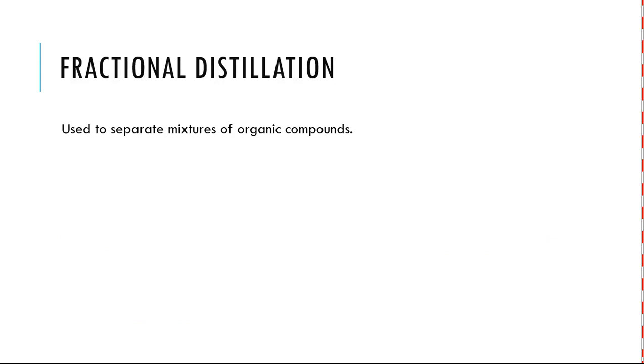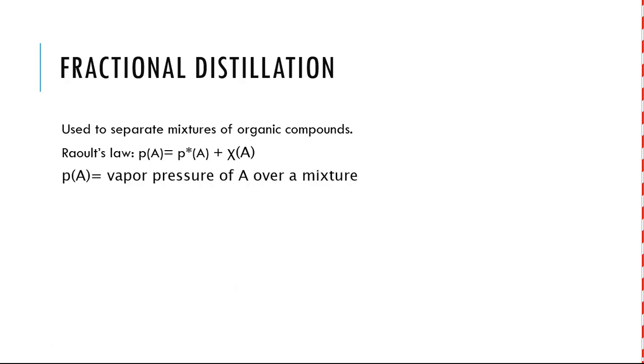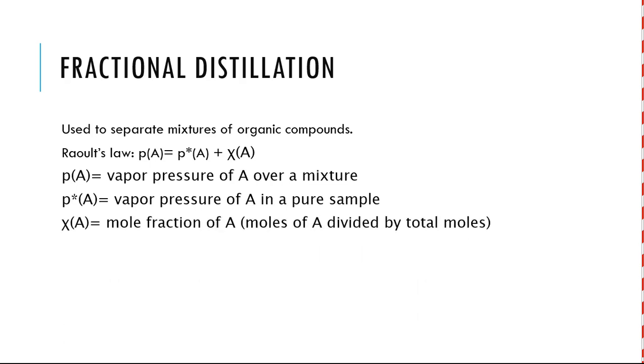Okay, we also can use fractional distillation to separate mixtures of organic compounds. And it's helpful to be familiar with Raoult's law for this, which is given here. In Raoult's law, P sub A is the vapor pressure of A over a mixture. And that's equal to the vapor pressure of A in the pure sample times the mole fraction of A in the mixture.